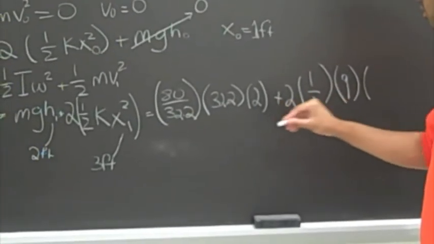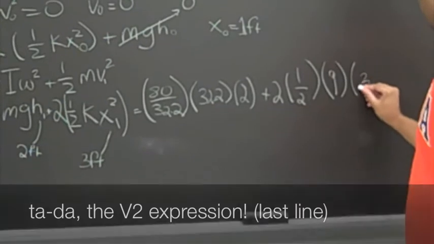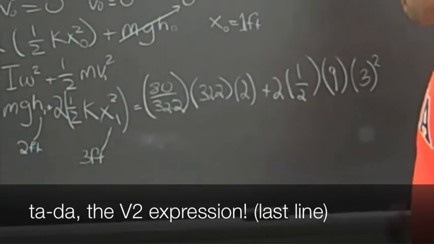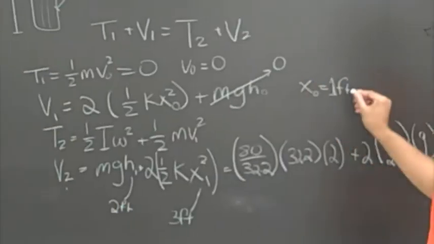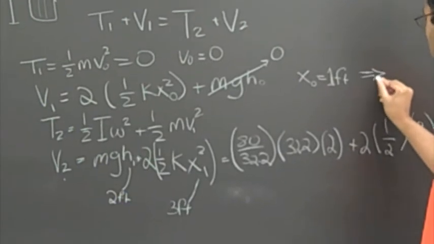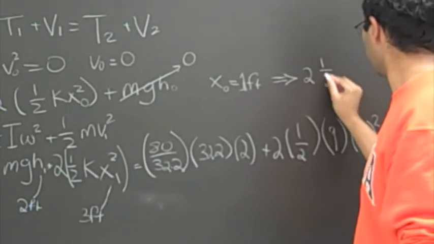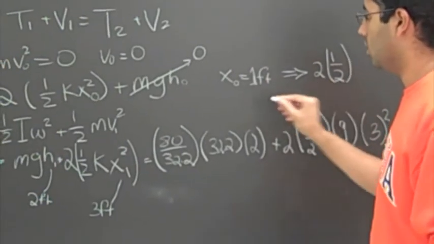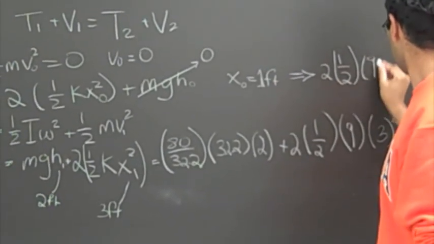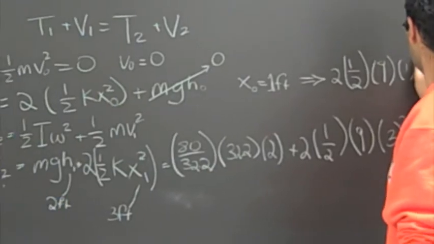So x1 is equal to 3 feet, so we have 3 squared. The V1 expression simply becomes V1 is equal to 2 times 1/2 times K times 1 squared.